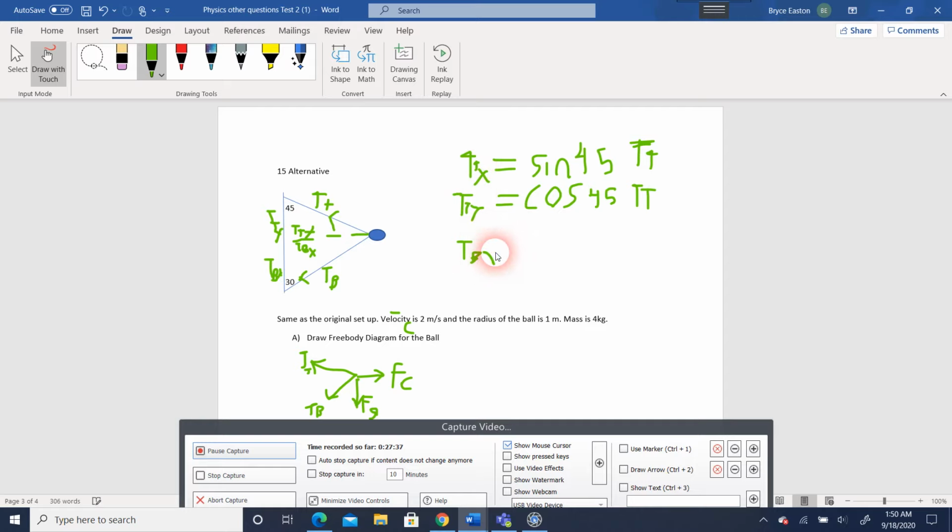T bottom x is going to be equal to sine 30 degrees, since that's 30, times T bottom, cosine 30, TB.